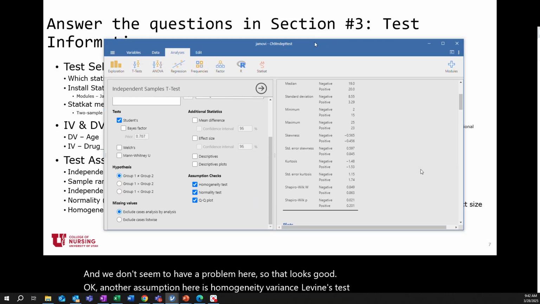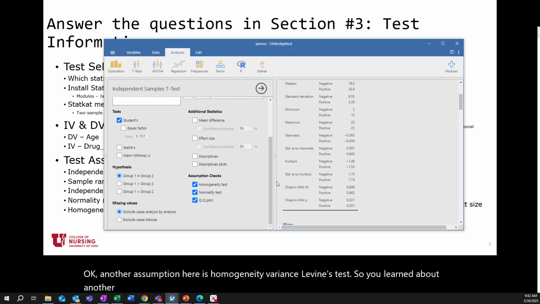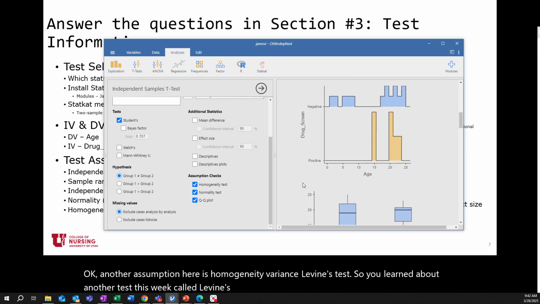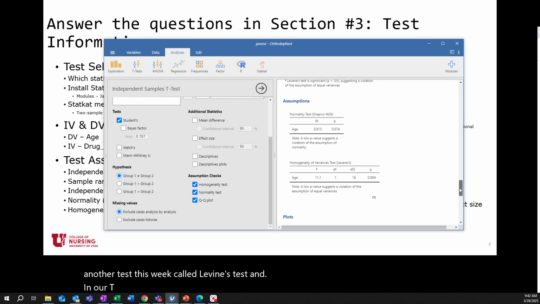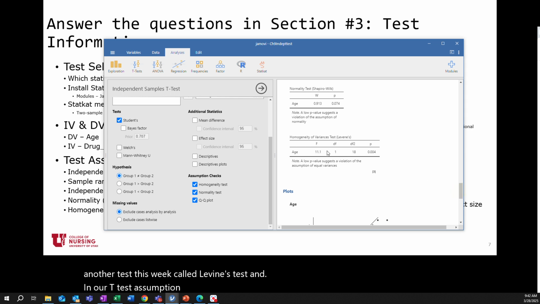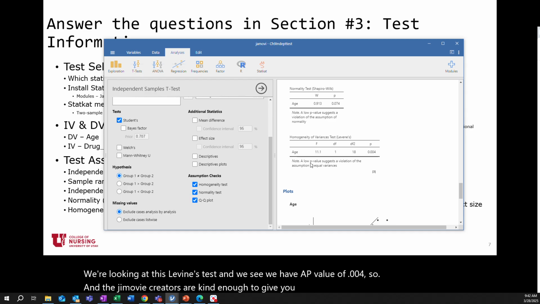Okay, our other assumption here is homogeneity of variance, Levene's test. So you learned about another test this week called Levene's test, and in our t-test assumption output, we're looking at this Levene's test, and we see we have a p-value of 0.004. And the Jamovi creators are kind enough to give you a reminder here, a low p-value suggests a violation of the assumption.